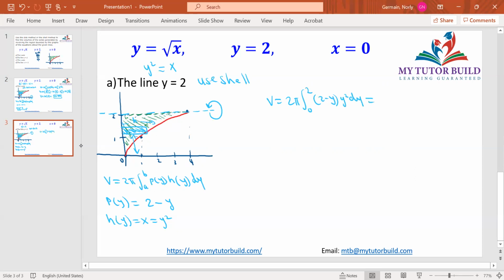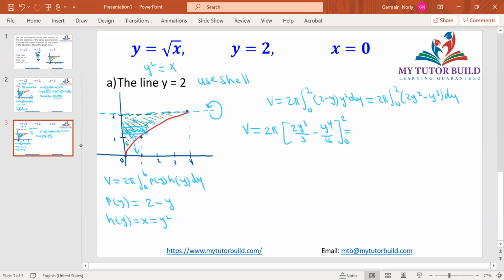Now, when you distribute, it's going to be the integral from 0 to 2 of 2y squared minus y to the power 3 dy. What is v then? When you integrate, it would give you 2y to the power 3 over 3, okay, that's the first one, minus y to the power 4 over 4. Now remember it's from 0 to 2.